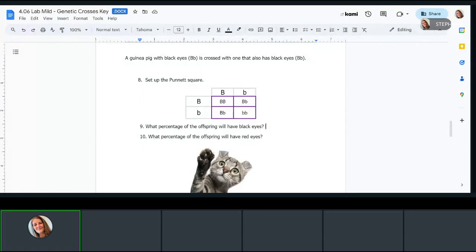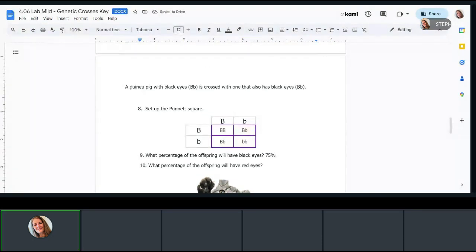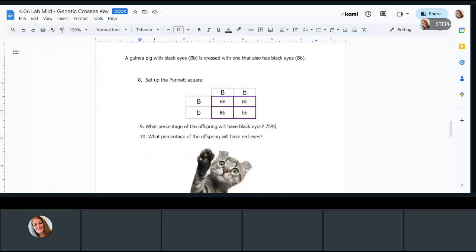If you only have 3 quarters, how much is that? That's 75%. Because 3 out of the 4 will have black eyes.